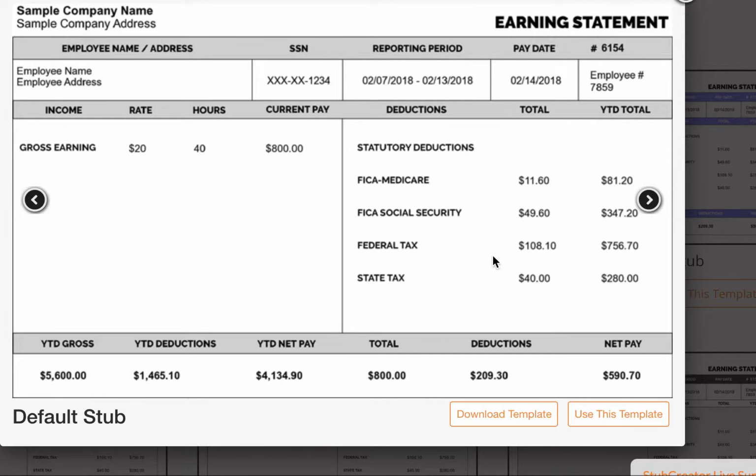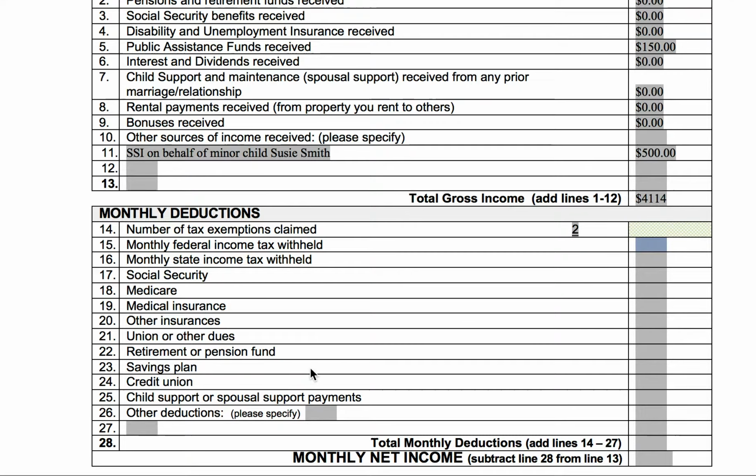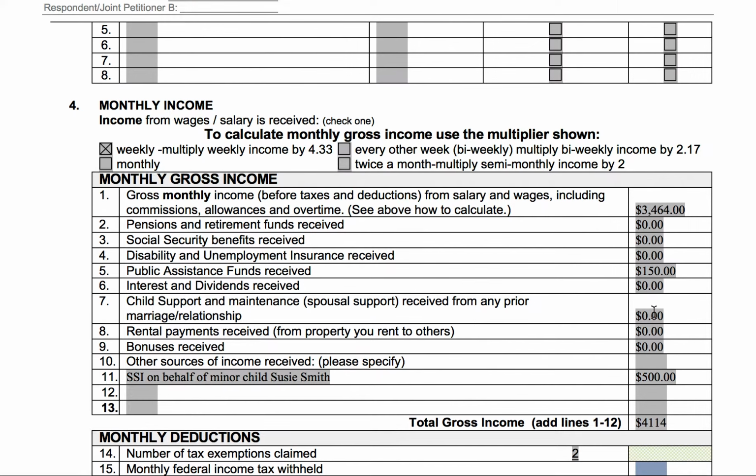So for the federal tax, you can see you have the total for this pay period and the year-to-date total. We want the total for this pay period. So the federal, 108.10, and we go back to our form. And then remember, just like we did with the income, we have to multiply by whatever our multiplier is. So for Jane, it's going to be 4.33, but if yours is bi-weekly or semi-monthly or whatever, it could be one of those.